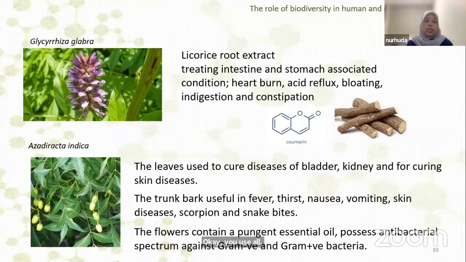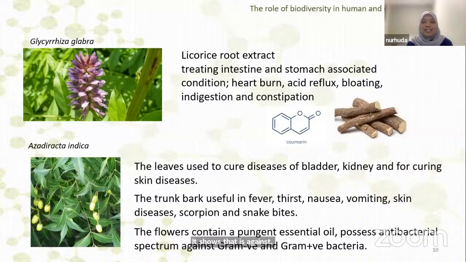In Malaysia, we use this for skin conditions, not as prescription drugs, but as a traditional drug. It contains essential oil, and anything that contains essential oil is antimicrobial, so it's not surprising. But this one shows that it is active against both gram-positive and gram-negative bacteria.